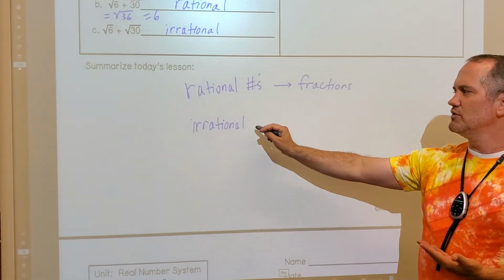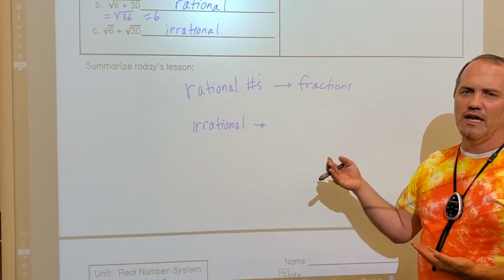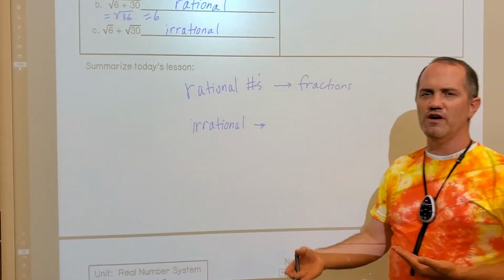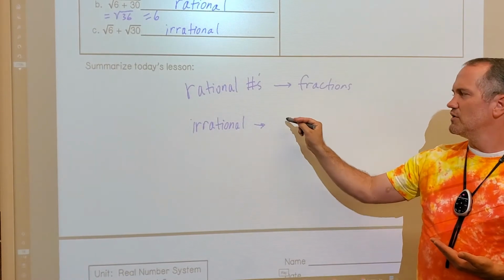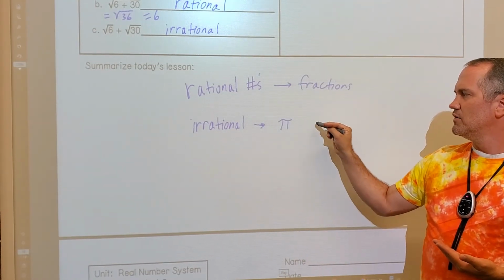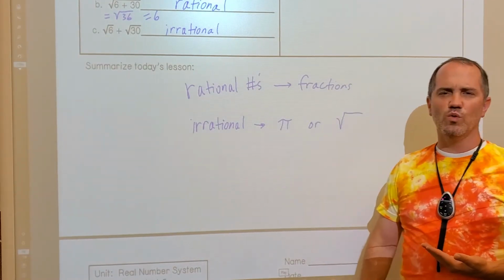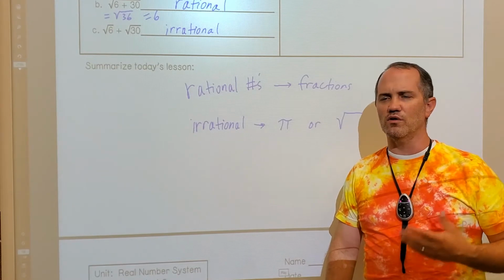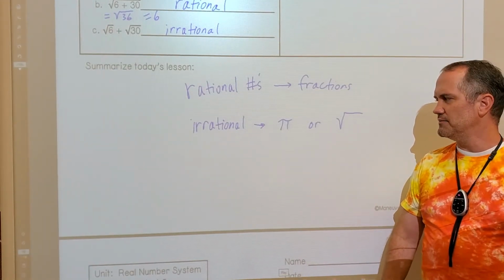Whereas irrational is going to be non-terminating and non-repeating. So it goes on forever and it doesn't repeat. Typically, irrational numbers come from something involving pi, or a square root of a non-perfect square, or a cube root, or a fourth root, or fifth root, which we'll learn about another day.